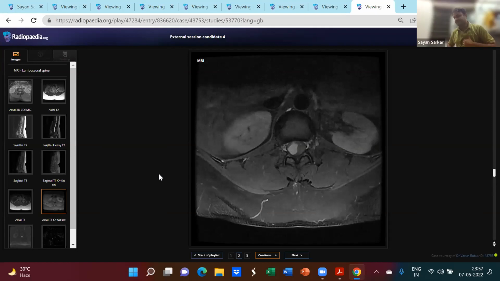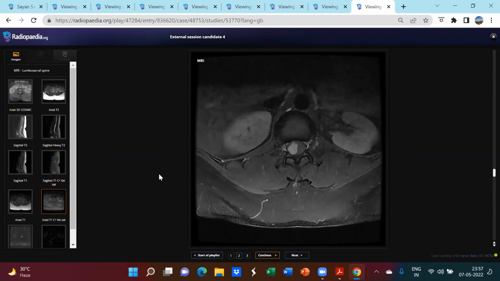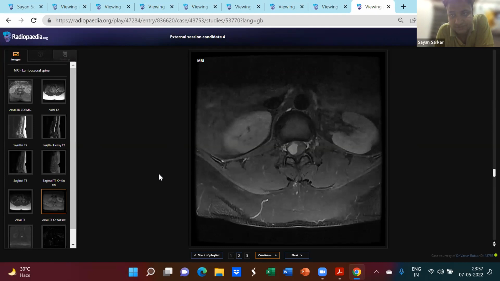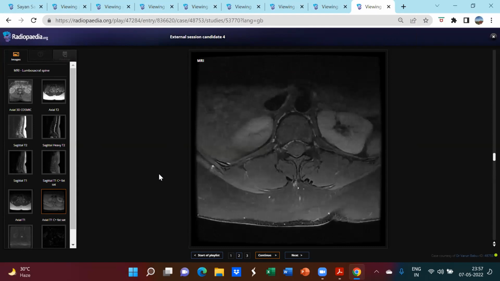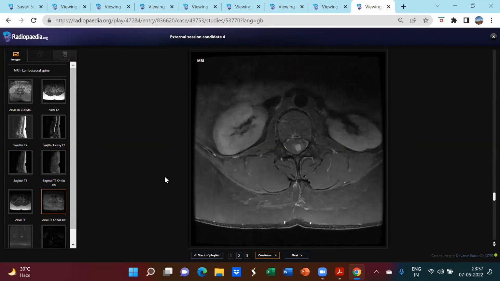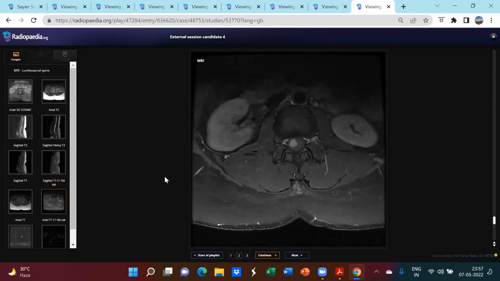Okay. What will you do? I would call the referring clinician and inform him about the findings. The neurosurgeon needs to be on board. No. Before you involve the clinical team, what other things will you see? I would review the other images as well to see if there are any further lesions.